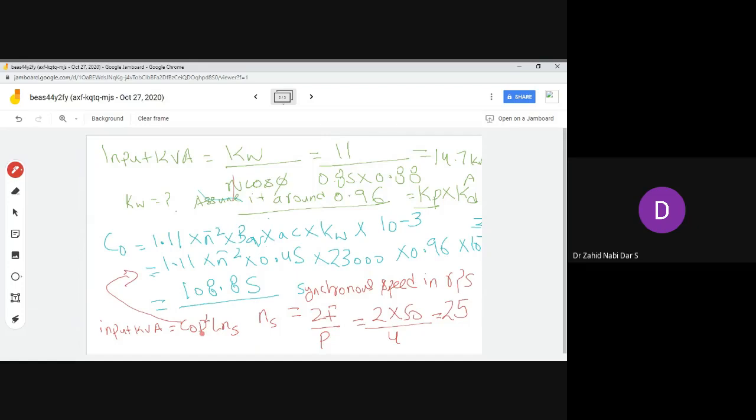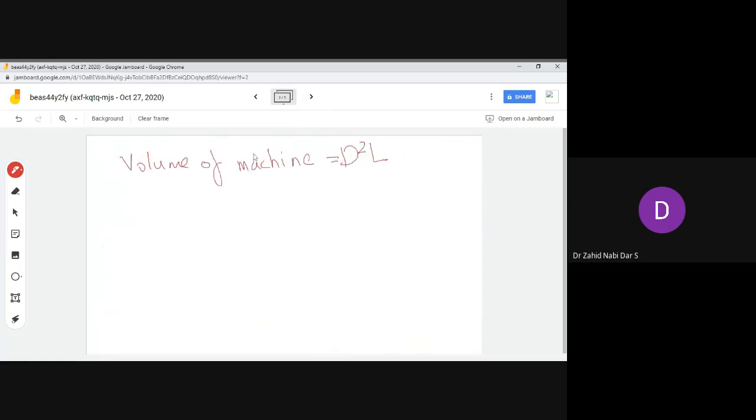Now, if we want to calculate the value of D square L, we can write it in terms of input kVA divided by C naught NS.